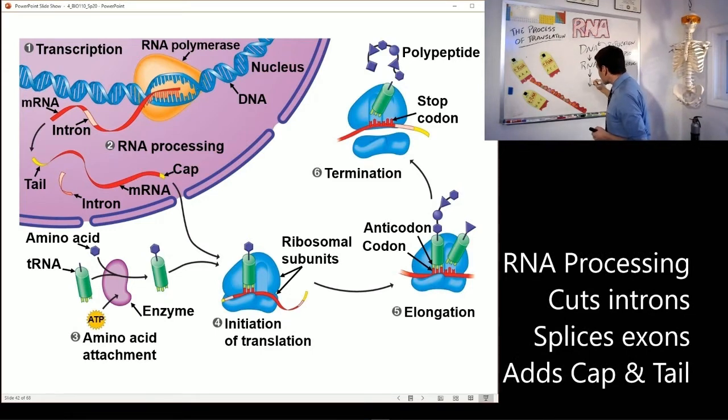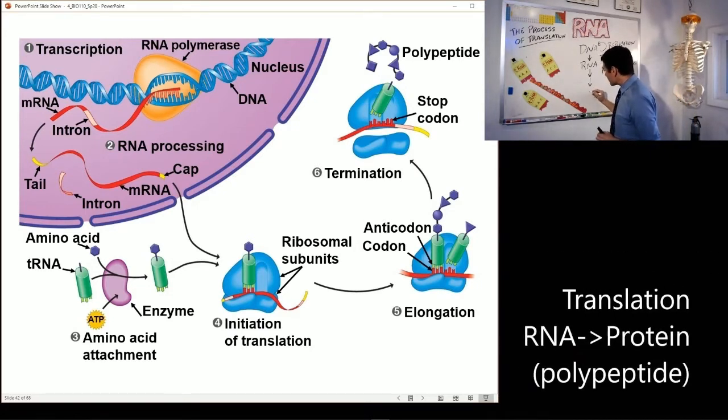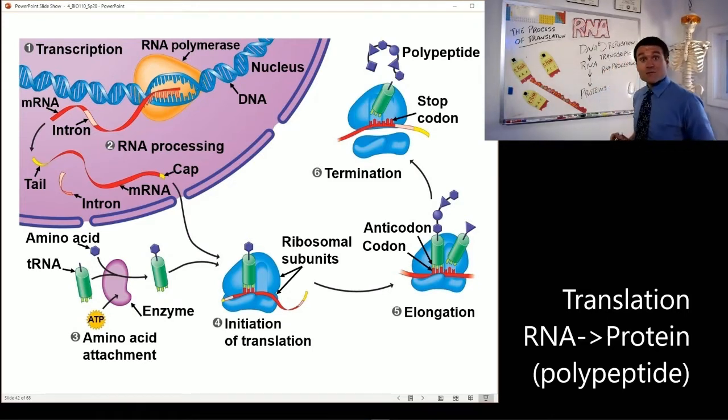And then only after we get the 5' cap and the 3' poly A tail on that mRNA molecule are we allowed to send it out of the nucleus, where it finds a ribosome on the rough endoplasmic reticulum, and there we can translate from RNA finally into proteins. Okay, from RNA into proteins, that's the process that we just talked about, translation.